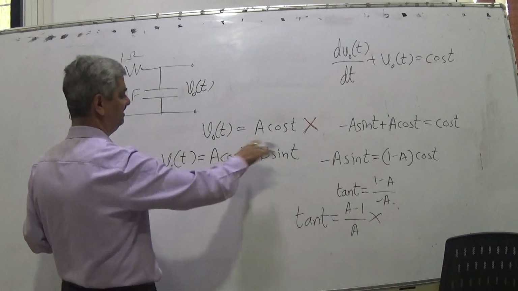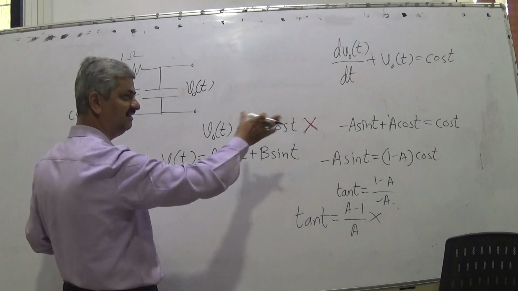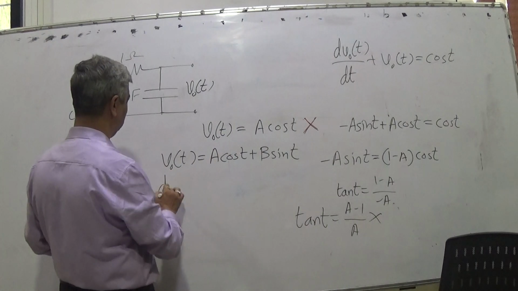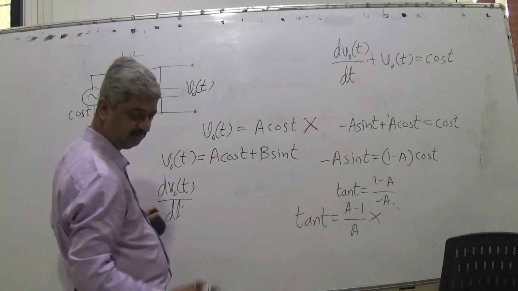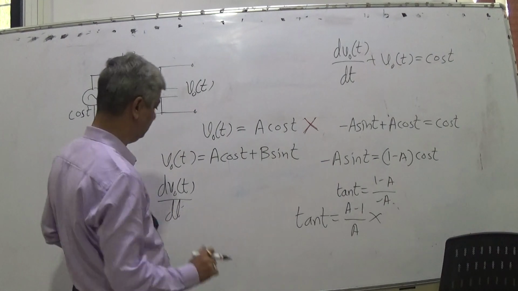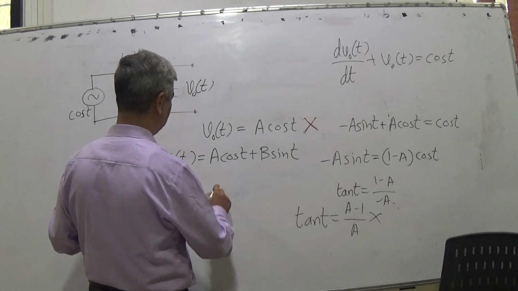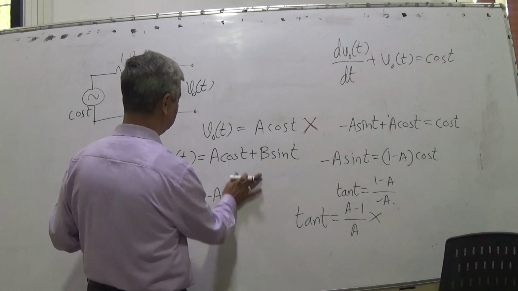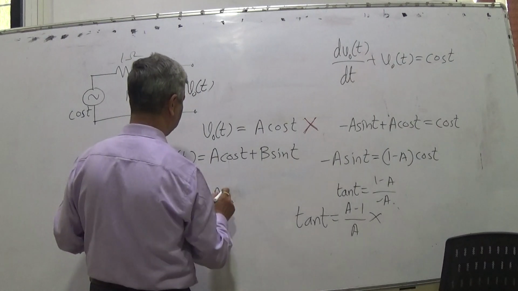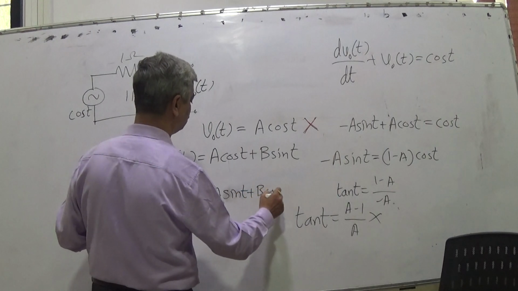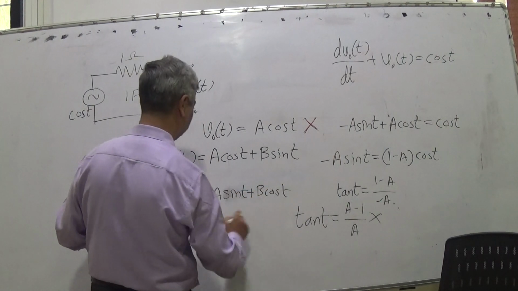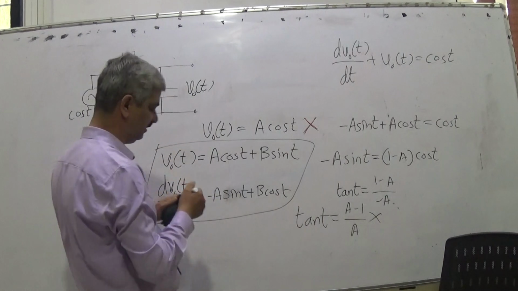So just some kind of jugglery, trial and error. So what is dv by dt? dv by dt is minus a sin t plus b cos t. And you can put these two values in this differential equation.